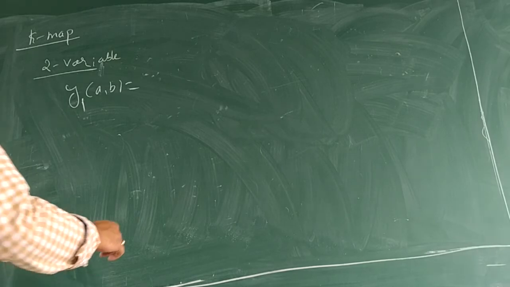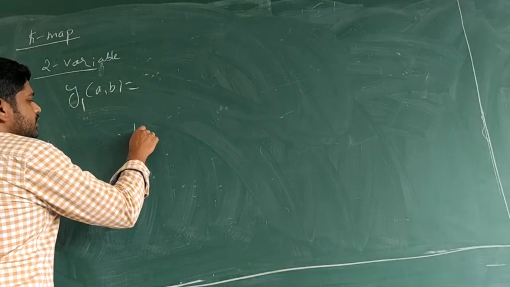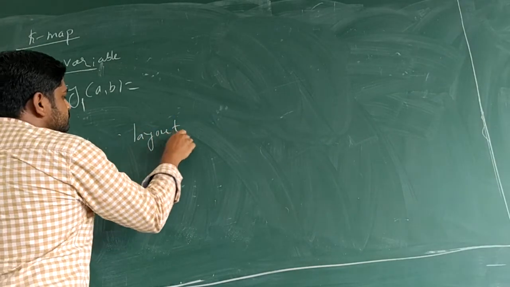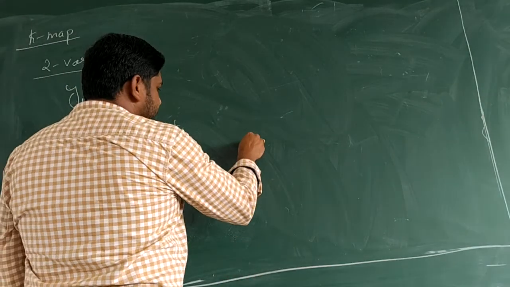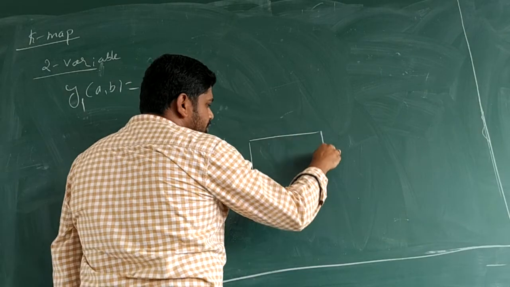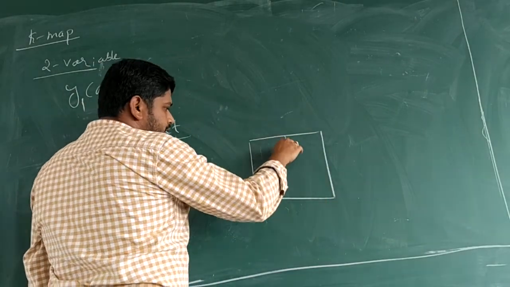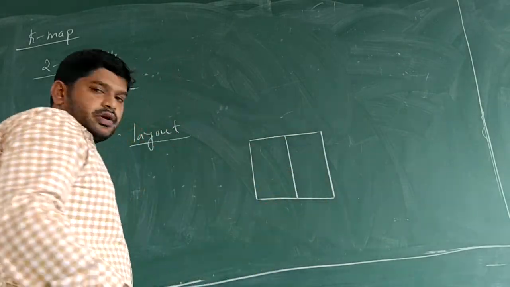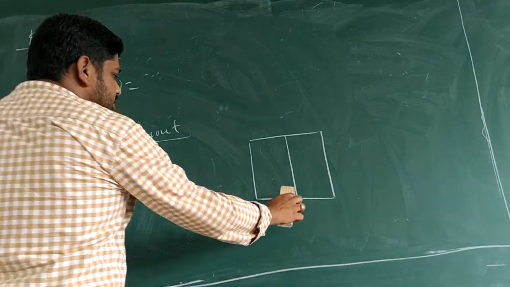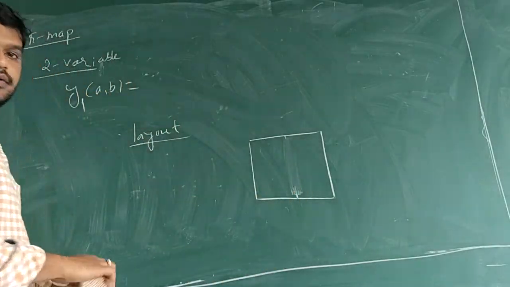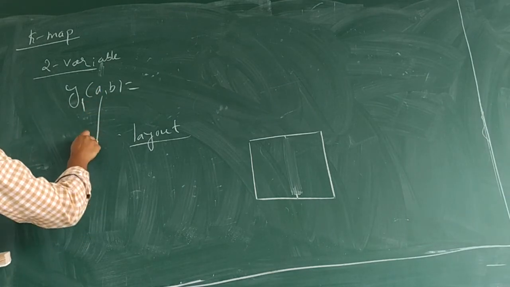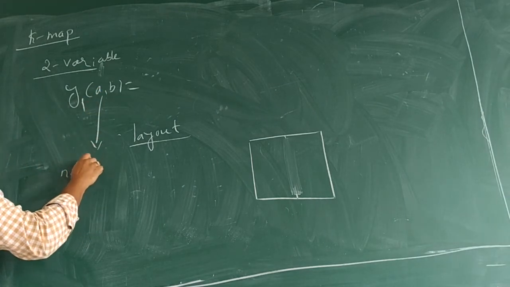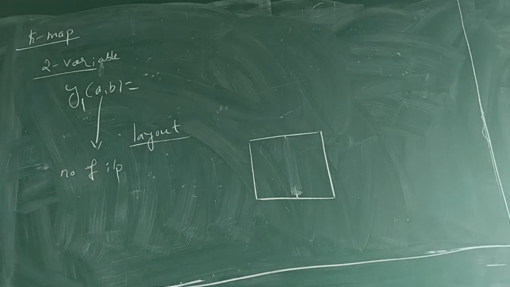Now what is the layout of the K-map? Take one square box and divide it. How to divide? There is a formula. Find out the number of inputs, or number of variables.